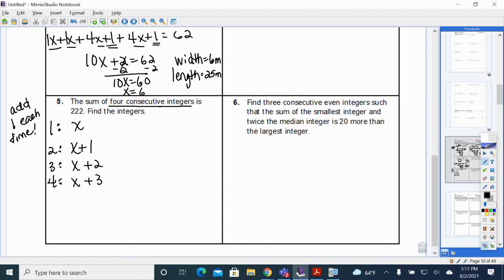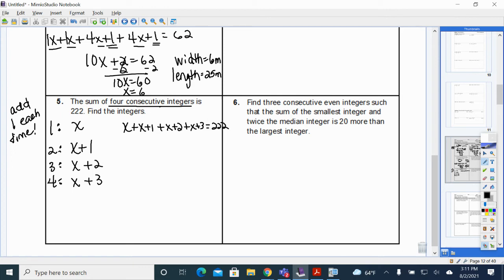The equation here, the problem says that the sum of all 4 of those is 222. Find the integers. So that means I need to take integer number 1, which is x, add the x plus 1, and the x plus 2, and the x plus 3, and all of that is supposed to be equal to 222.